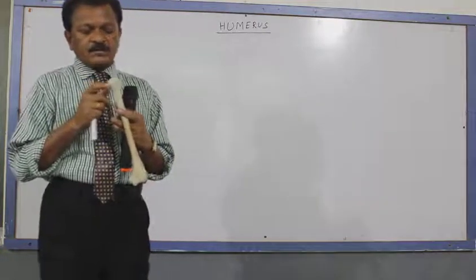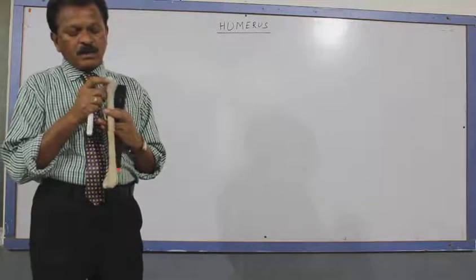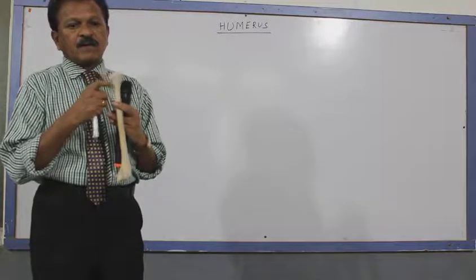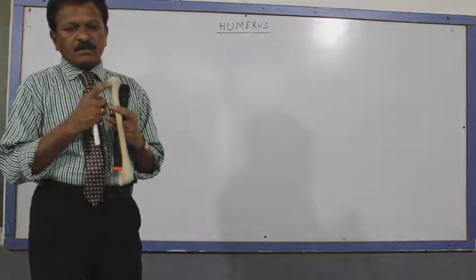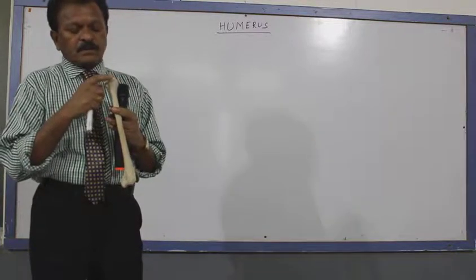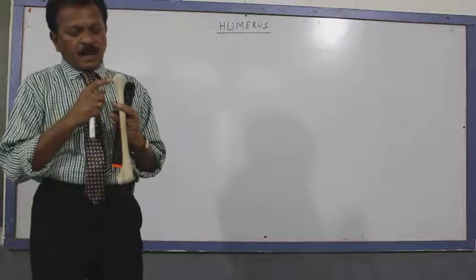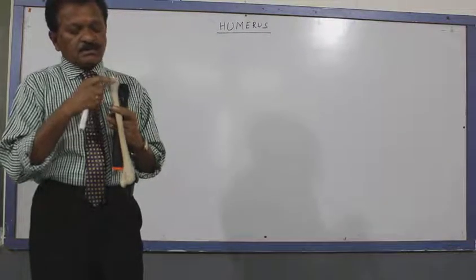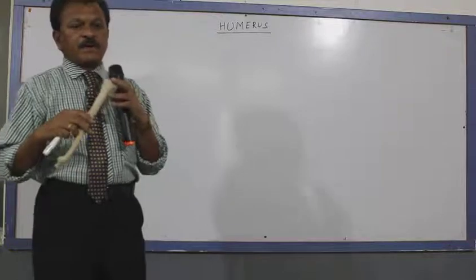In between the lesser tubercle and the greater tubercle, there is an intertubercular sulcus. These things are present in the upper end.